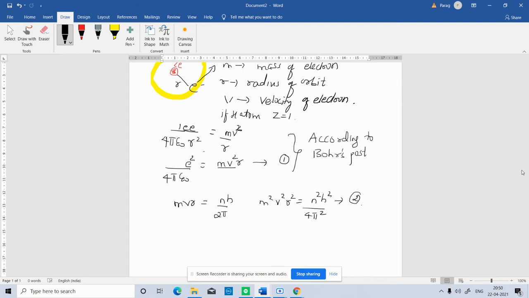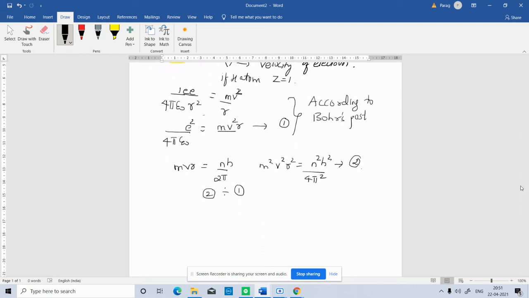Now I'm going to divide this second equation by the first equation, 2 divided by 1. We get m square v square r square divided by mv square r, and on the right side we have n square h square divided by 4 pi square, divided by e square by 4 pi epsilon naught.